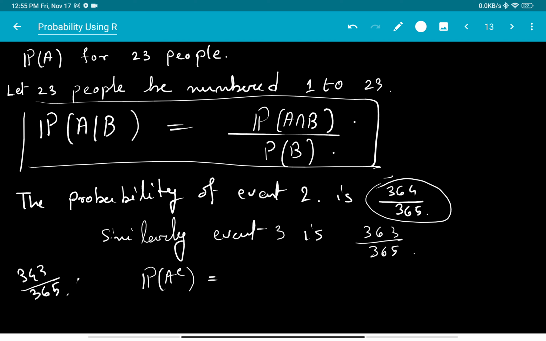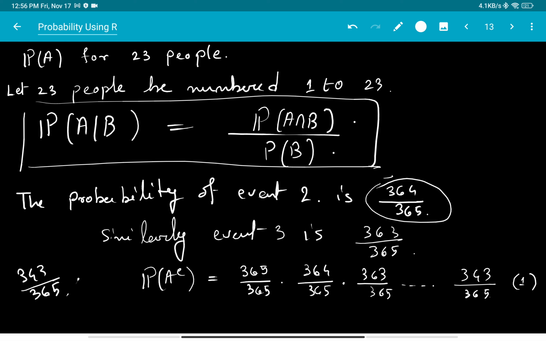So the probability of A complement is 365 over 365, that is 1, times 364 over 365, 363 over 365, and it will continue up to 343 over 365. So this is the probability of A complement. Let us call this 1.